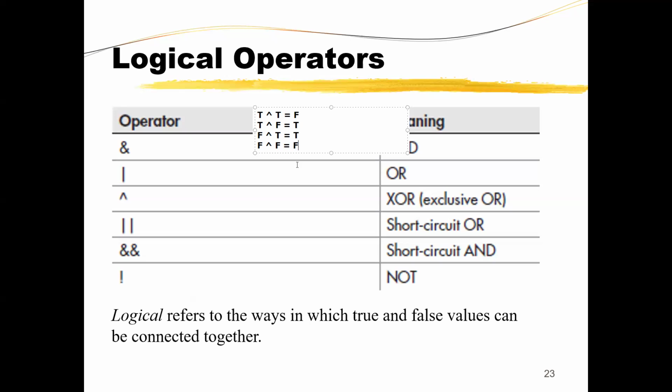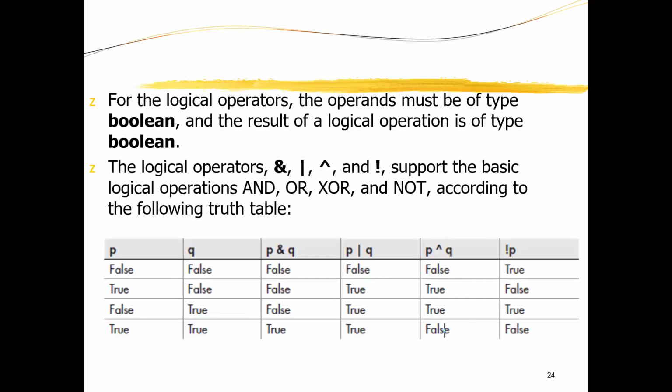Right now, we have discussed how the AND operator, OR operator, exclusive OR operator, short circuit versions, and the NOT operator work. Let's clear all of this. We have already done this table.